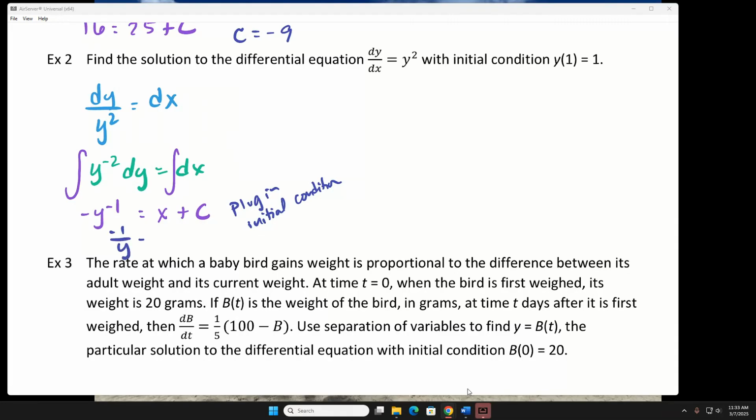Let me write it with y and x so it's not too confusing. Okay, so now I'm going to plug in the initial condition, which is 1, 1. All right, and then when I solve that for c, I'm going to subtract 1, so it's going to be negative 2 is c.